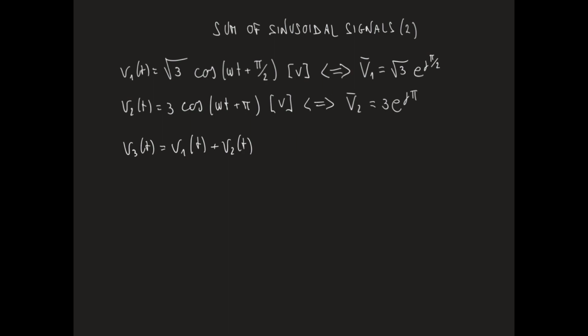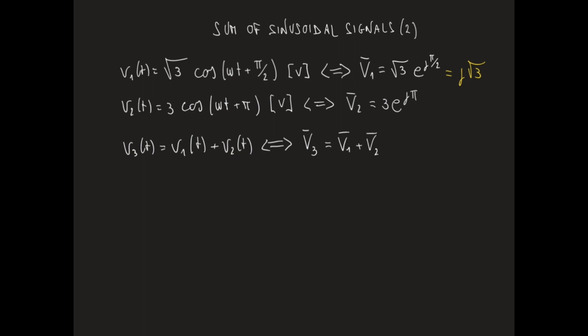In the phasor domain, v3 of t will be represented by a phasor V3 bar equal to V1 bar plus V2 bar. By the way, we already know that e to the j pi divided by 2 is equal to j, so V1 bar can actually be written as j the square root of 3.